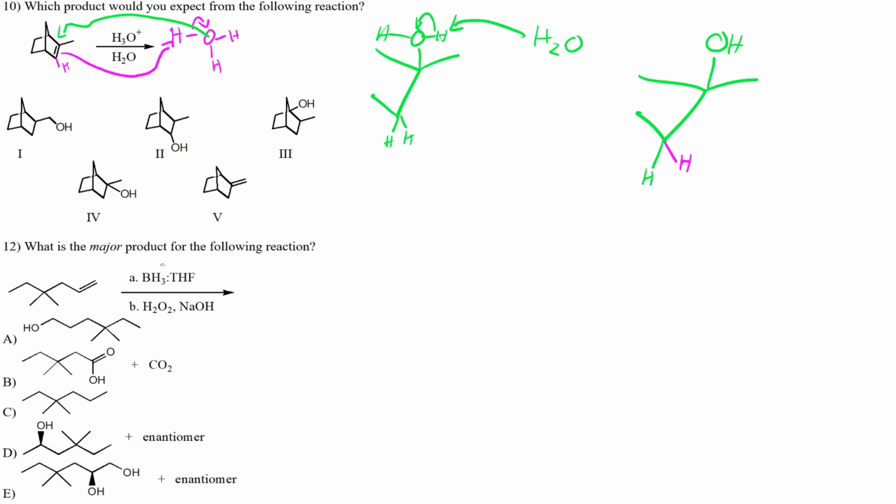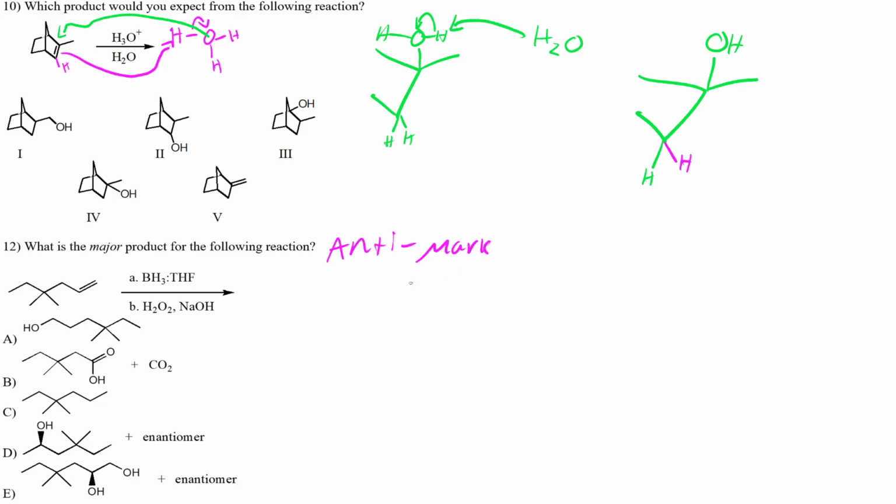So now, what is the major product of the following reaction with BH3 and peroxide? Well, this is what we refer to as hydroboration, right? So hydroboration is BH3 reacting with peroxide. And you should know that for this reaction, specifically BH3 and H2O2, it's going to be anti-Markovnikov.